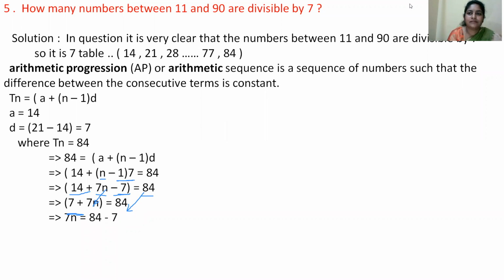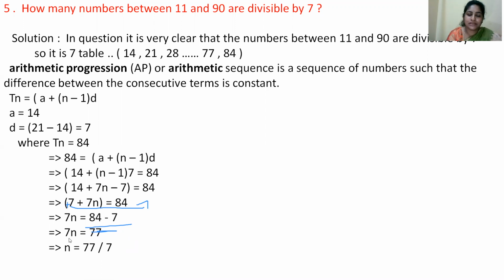Now 7n is equal to 84 minus 7. When I take plus 7 to this side, it becomes minus 7. 84 minus 7 is 77, so 7n is equal to 77. 7 into n equals 77, so n is equal to 77 divided by 7.